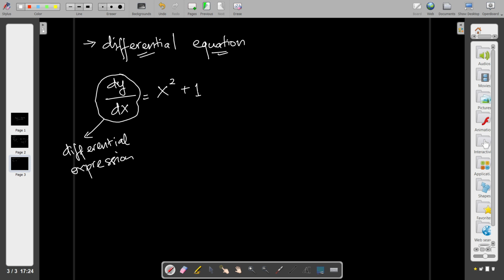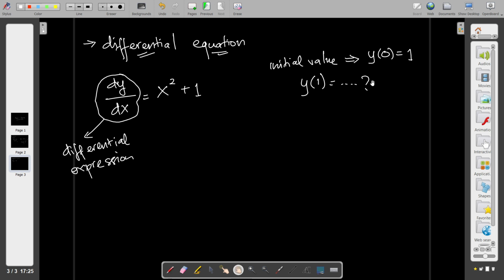Okay, so we have this expression, and then we are going to find the value of y, let's say y1. But because this is a differential equation, we have an initial value, and the initial value is y0 equals 1.